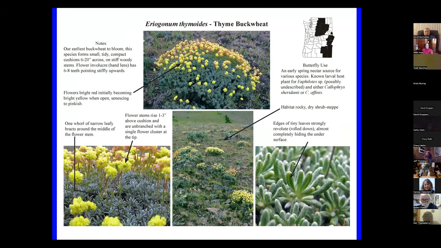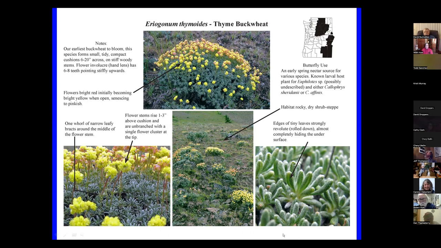This grows in these very nice little compact cushions. When the flowers first start to bloom, the buds come up bright red, and then they turn yellow when they come into full bloom. And then as they start to senesce, then they turn another color again, more of an orange color.